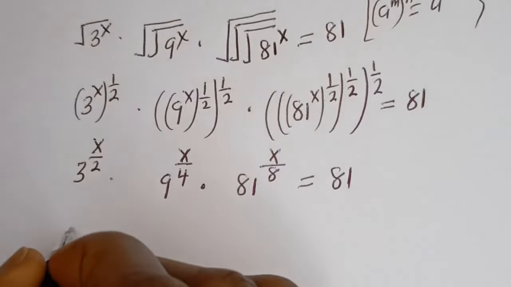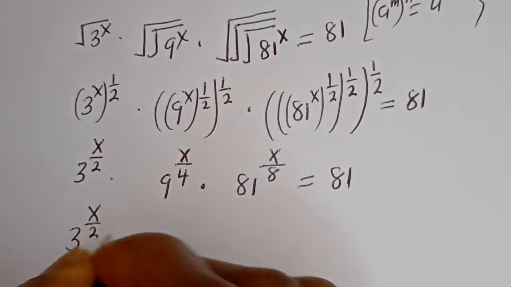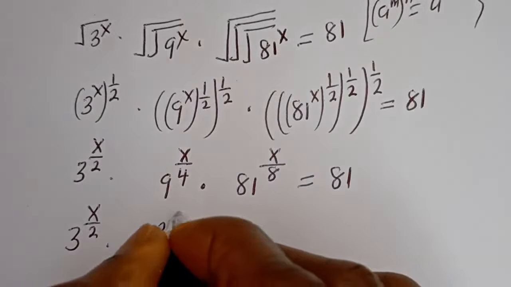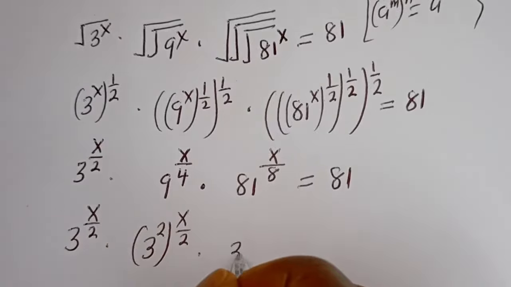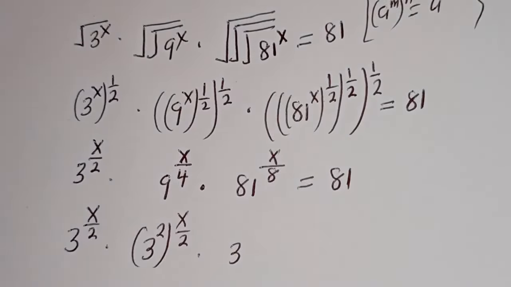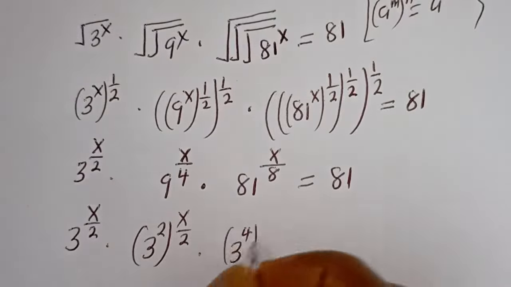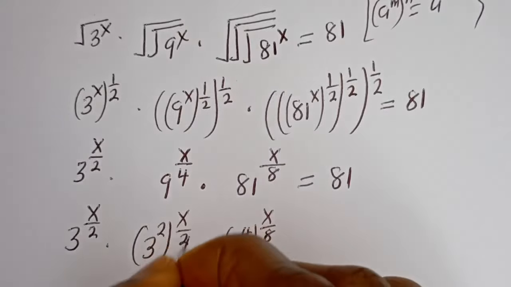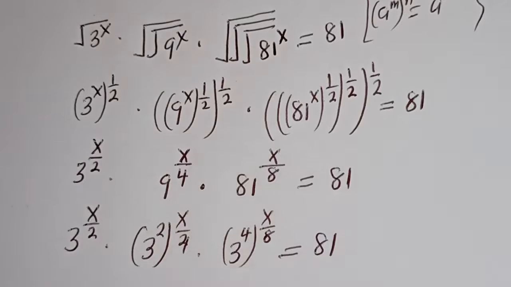Then this can be written as 3 to the power of x over 2 multiplied by 3 squared to the power of x over 4, multiplied by 3 to the power of 4 to the power of x over 8, this is x over 4, not over 2, is equal to 81.